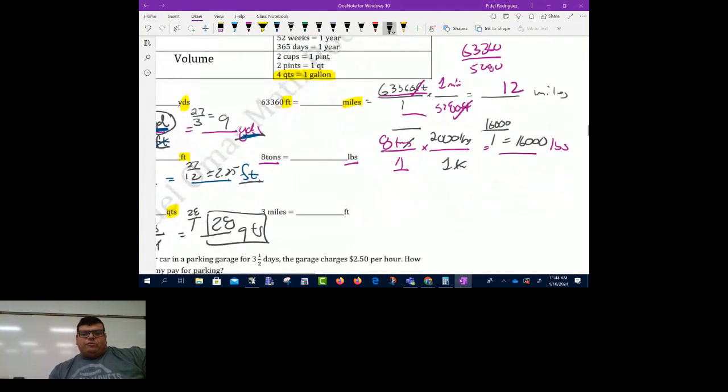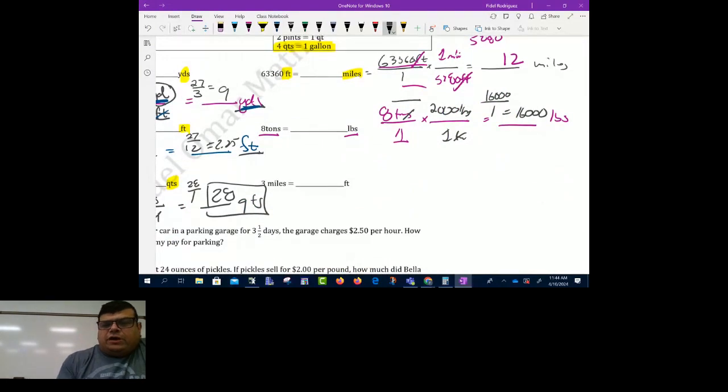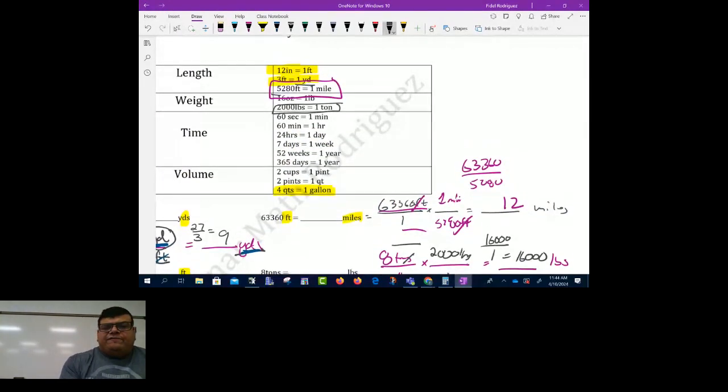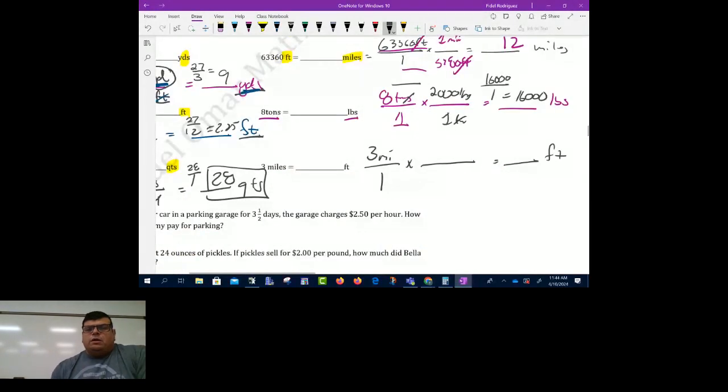And then one last one, y'all. Miles to feet. Okay, so let's do this last one. 3 miles over 1 times something is going to be our answer in feet. Okay, guys, we have the relationship right here. 5,280 feet is 1 mile. Okay, so look, y'all, 5,280 feet, 1 mile.